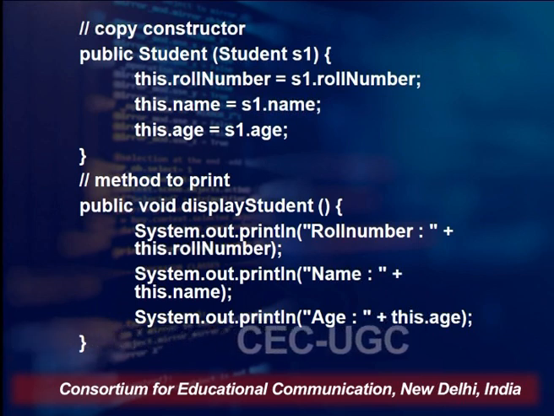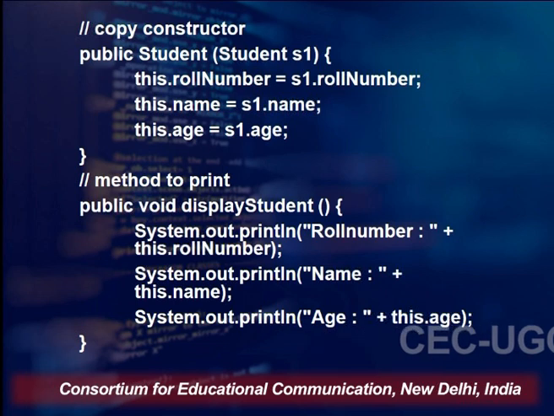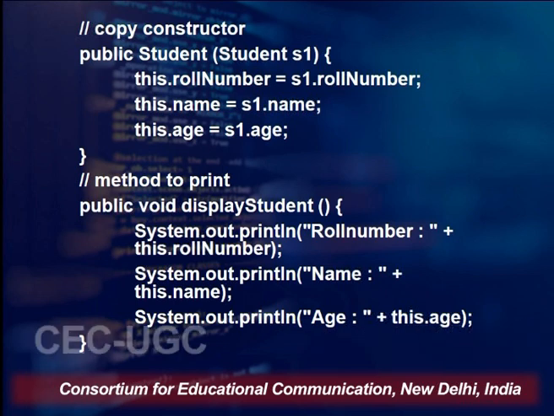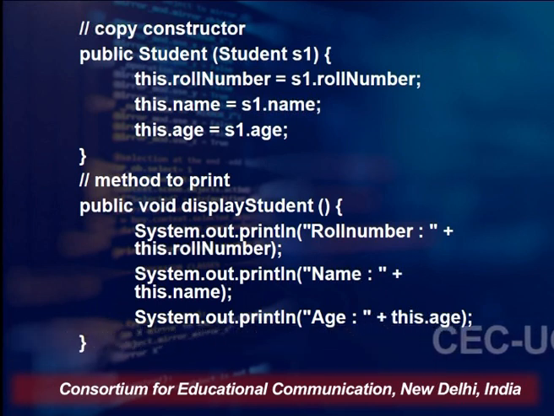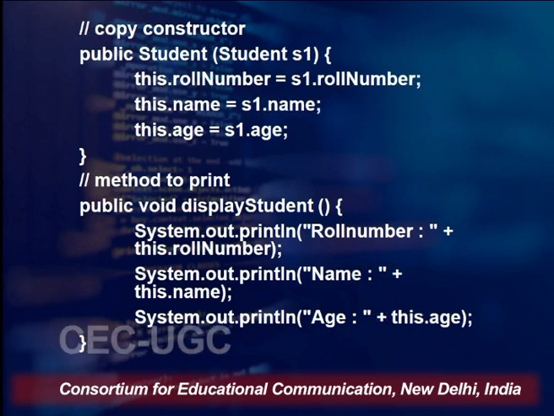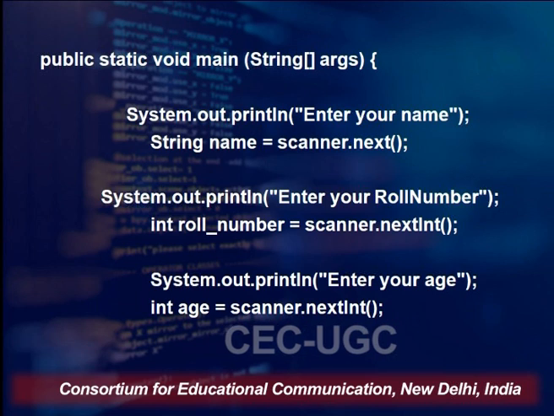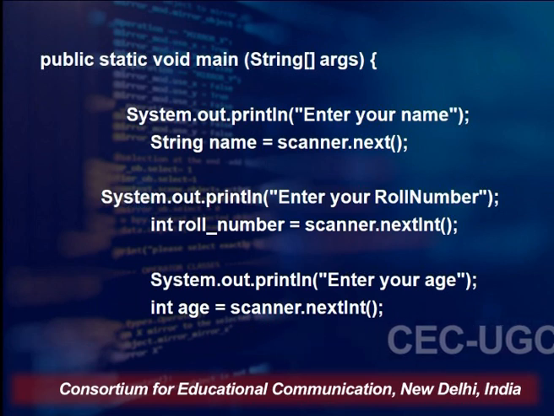And then I have a simple method, the displayStudent method, in which I am just printing. That is System.out.println, I am printing roll number, and with similar statements I am printing name and age also. And coming to the main method.